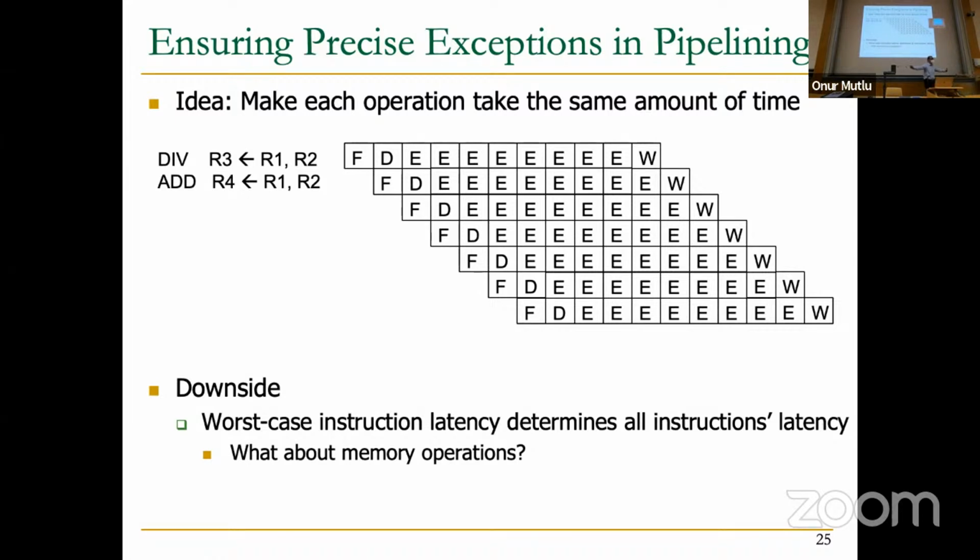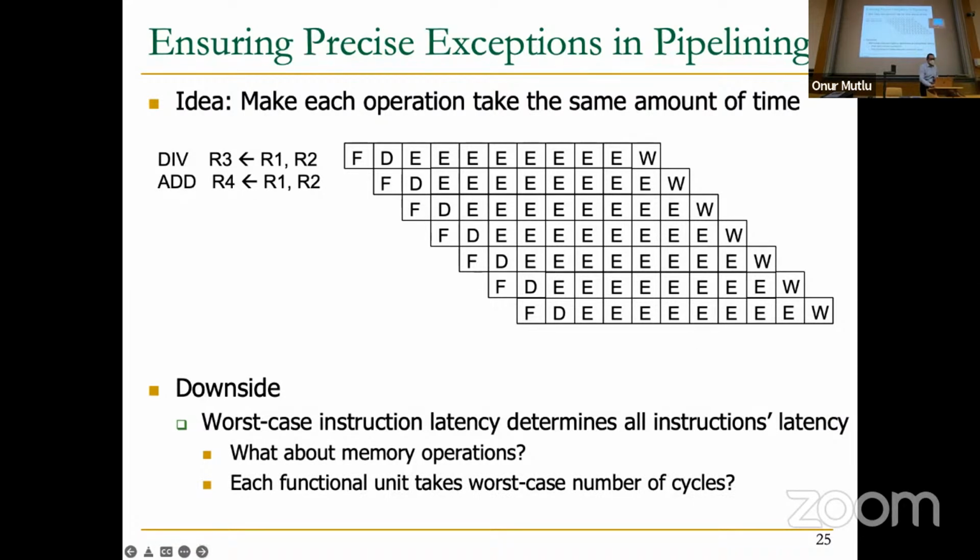Should it really be 1,000 cycles to make sure that your precise exceptions are nice and every instruction writes to the register file in order? This is not a viable solution because of this. You don't want to lengthen the pipeline. You want to let each instruction take as long as it takes while obeying the precise exception semantics. This is what I said earlier.